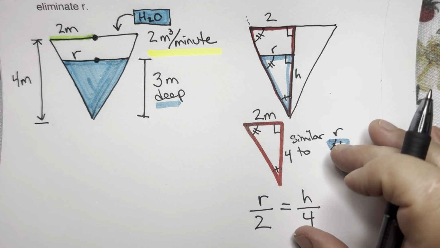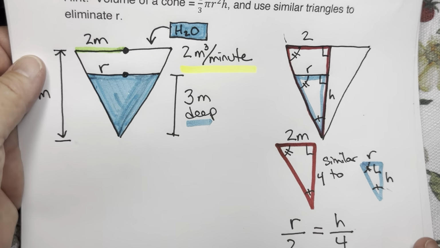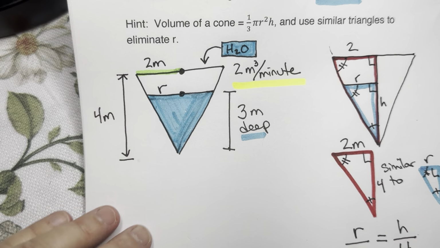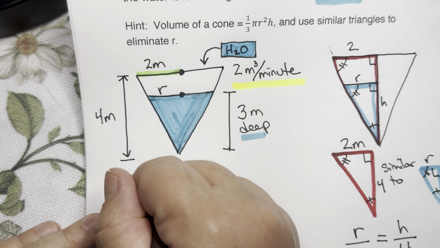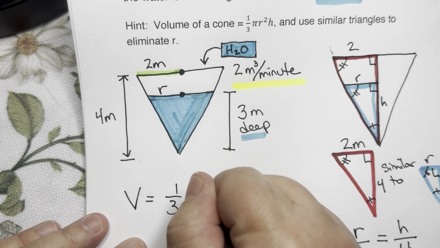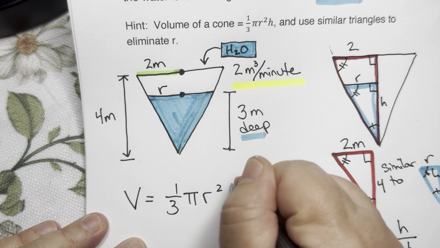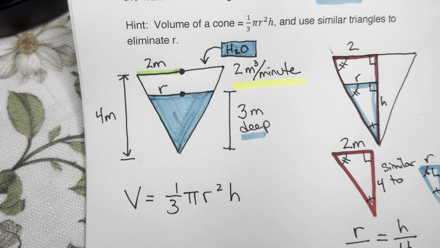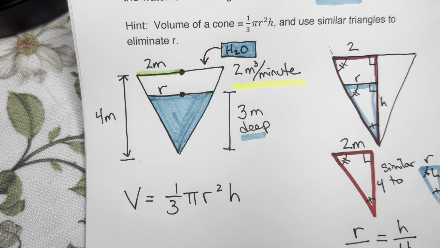Okay, so we got this set up. We got the picture. Let's come back over here and let's say I already know the volume is 1/3 pi r squared h. Okay, so far so good. Now, I know that this is related rates, so I'm going to take the derivative with respect to time, right? Because it's how fast everything is going.